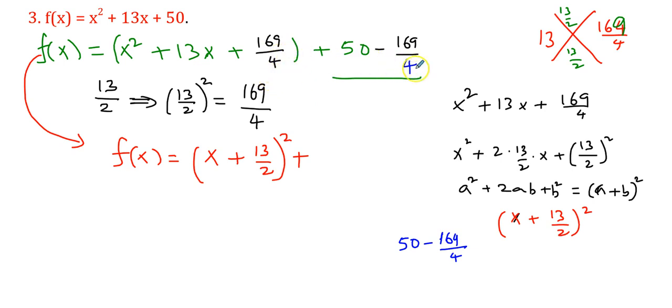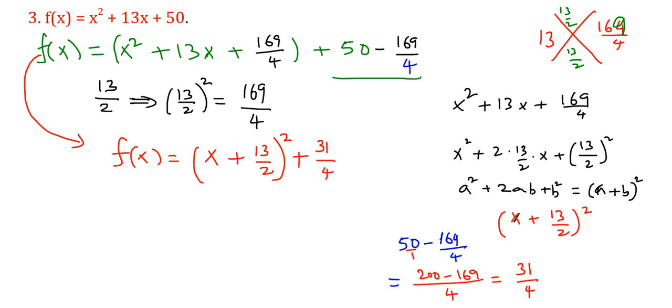Whatever you give, you have to take away. Now, how do you simplify? This is 1 can divide 4 times, that is 200 minus 169. 200 minus 169, I think it is 31 over 4. So here I'll write 31 over 4.